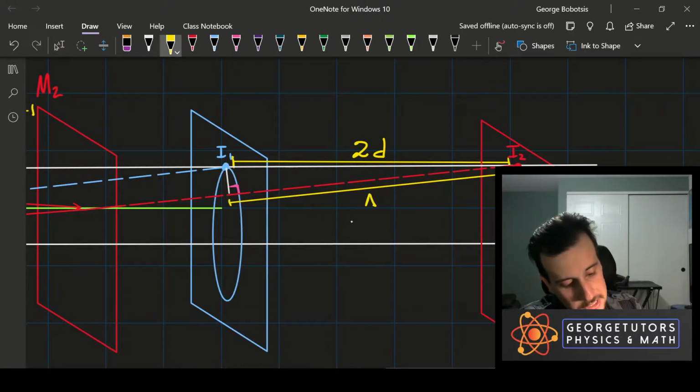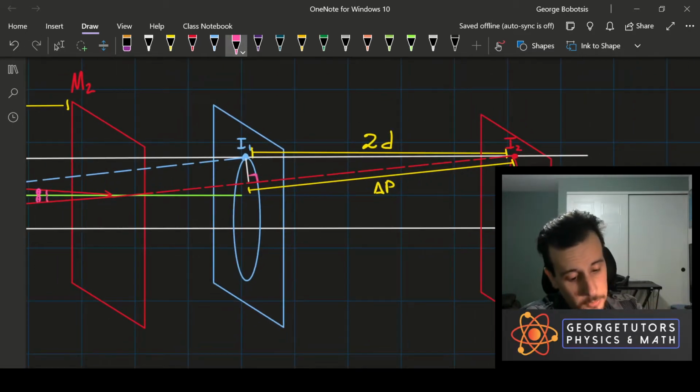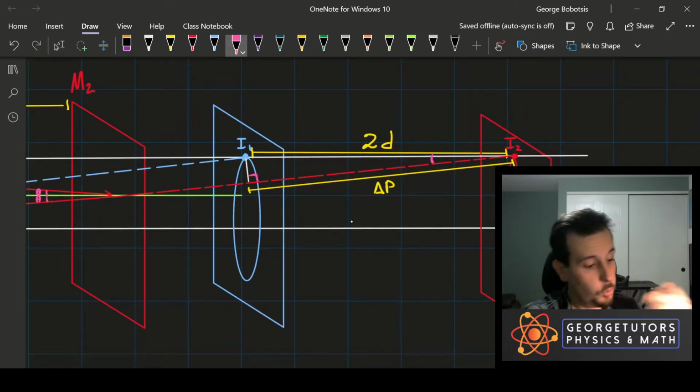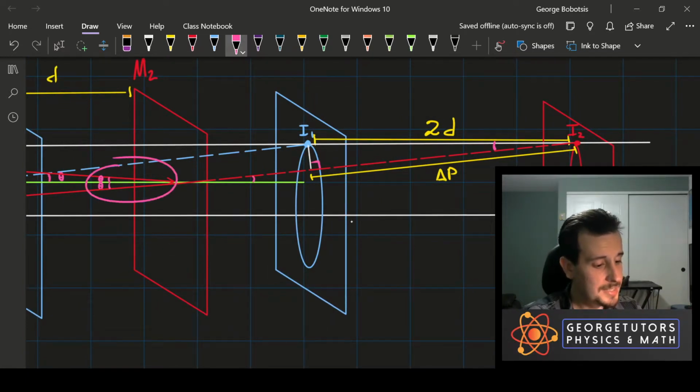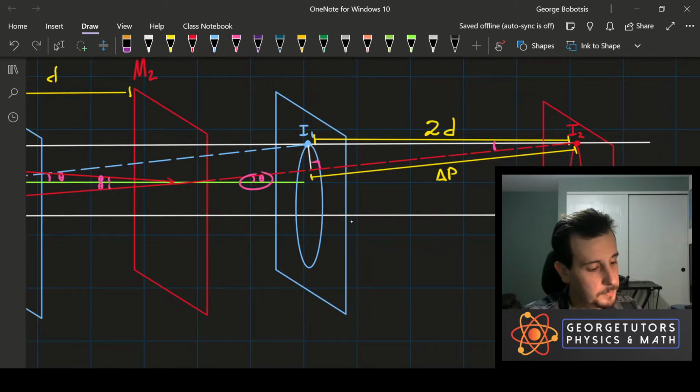I need one more piece of information, and that is an angle. Could we say something about this angle right here? Well, yes. Again, we can see this angle coming from the extensions here of the reflection from M2. This angle is also theta, since these are opposite angles, okay?